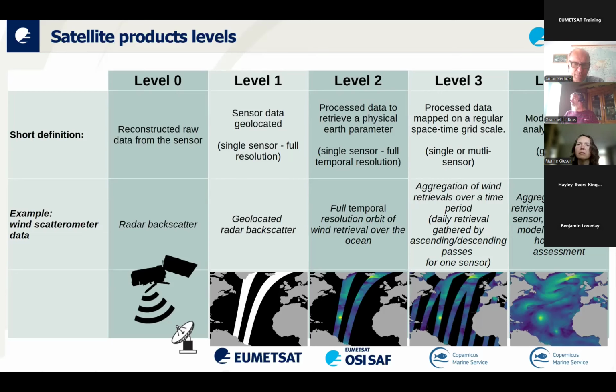And KNMI processes as well a level 4, where they aggregate several sensors. So level 4 is multi-sensor, and they add model data to fill the gap. So it's not purely observation at the other level. It's based on observation. This level 3 and level 4, Rianne will talk to you about further.